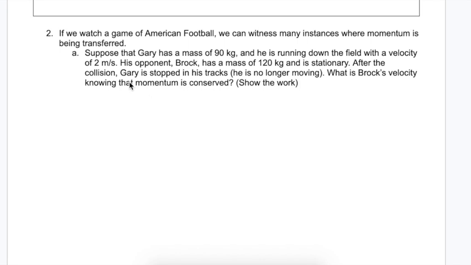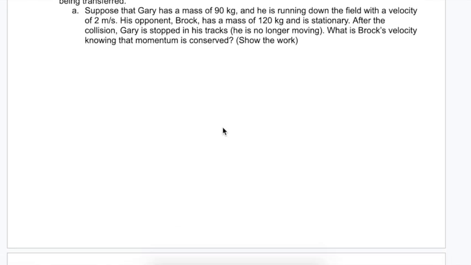After the collision, Gary is stopped in his tracks. Means he's not moving anymore. What is Brock's velocity? Knowing that momentum is conserved, knowing that nothing external is going to interfere with this system.